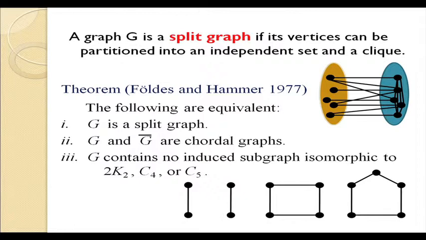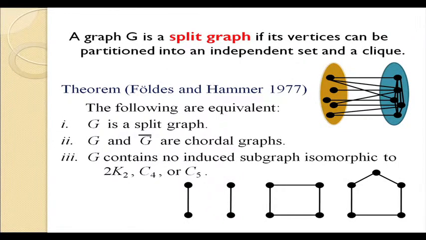A split graph is a graph whose vertices can be partitioned into an independent set and a clique, as you have here, a clique, and some edges going back and forth any way you like to connect them. And their characterization of this class was that this is a split graph if and only if the graph, not sure what's happening with the slides, but we'll go back to the slides, please, if we can.